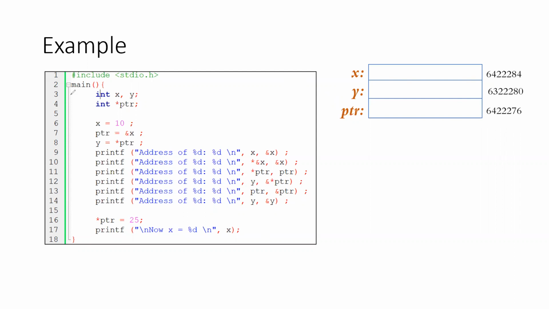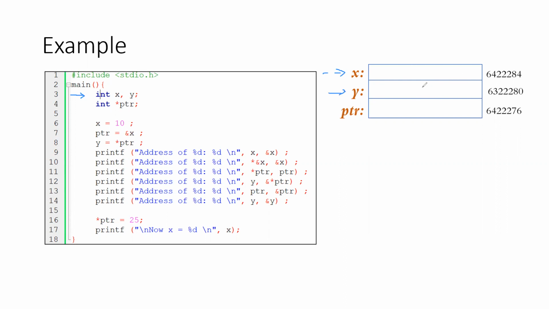So let's start with line 3. In line 3, we are declaring two simple variables, x and y. After this statement, your compiler will assign x and y into available memory locations. Suppose x was assigned to this memory location and y was also assigned to this memory location.